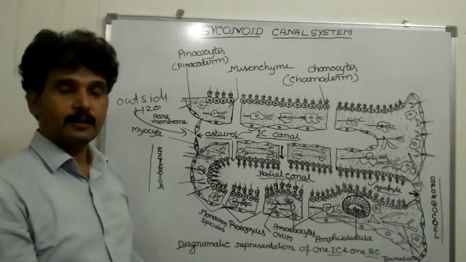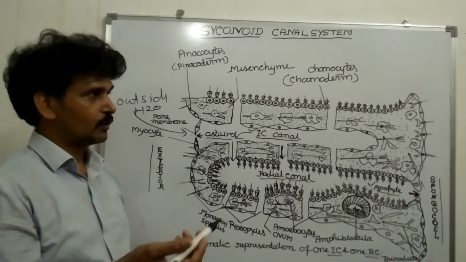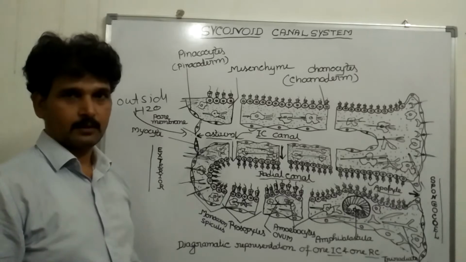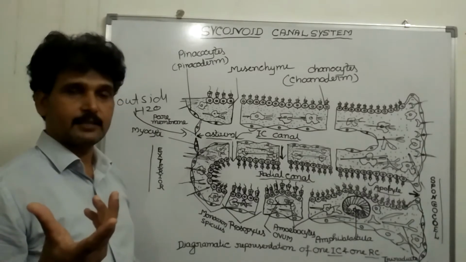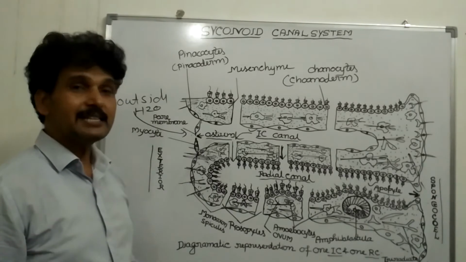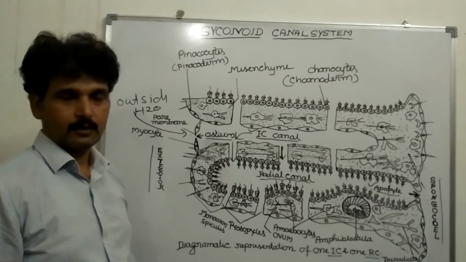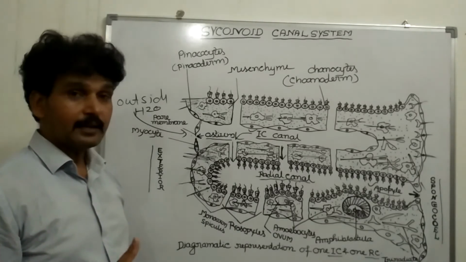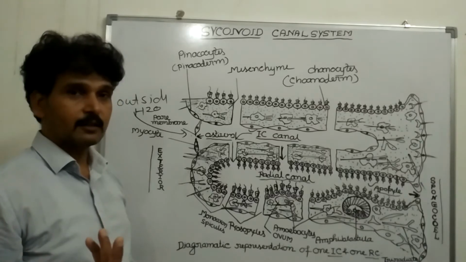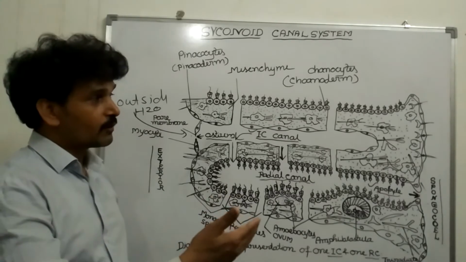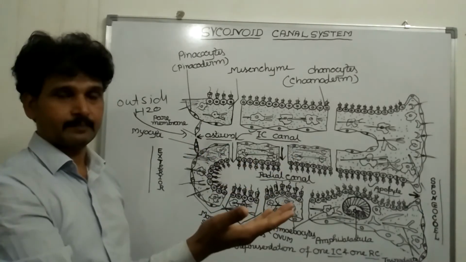The spongocoel opens to the outside through the osculum. Osculum is also known as the exhalent aperture. Why is it called the exhalent aperture? Because the outgoing water current passes through it.